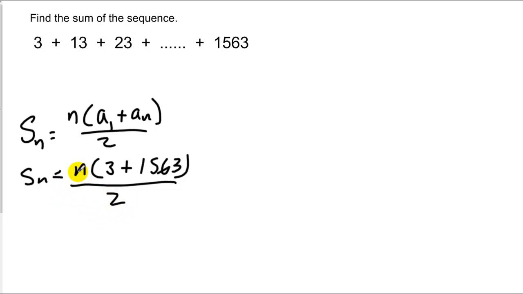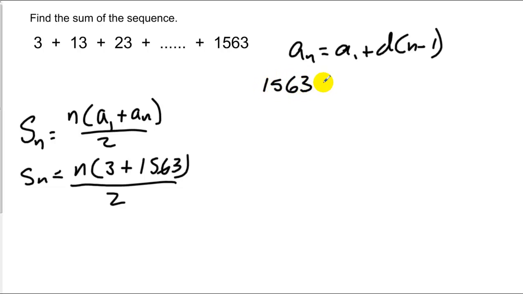So what I need to do is find n. And we do that by using our sequence equation, which says the nth term is equal to the first term plus the difference times n minus 1. The last term, or the nth term in this case, is 1563. First term is 3. Difference is 10 in this case. And that's multiplied by n minus 1.